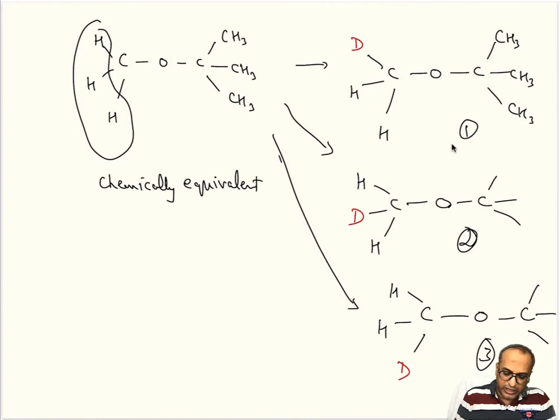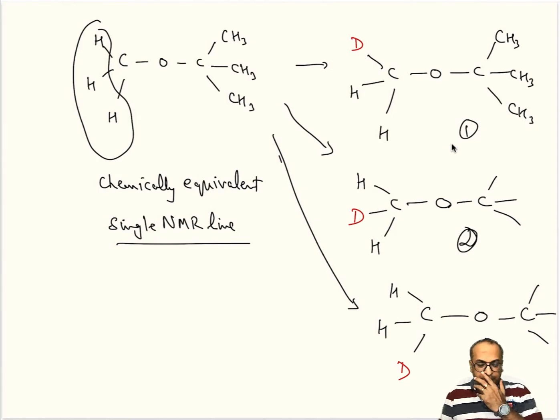Thus they will give rise to a single NMR line, because they will all resonate at the same frequency, right? So that is a very important feature: from the number of NMR signals we get to know how many chemically equivalent protons or nuclei giving rise to NMR signals are present, which helps in determining molecular structure, right? So the number of signals appearing in an NMR spectrum is an important feature.